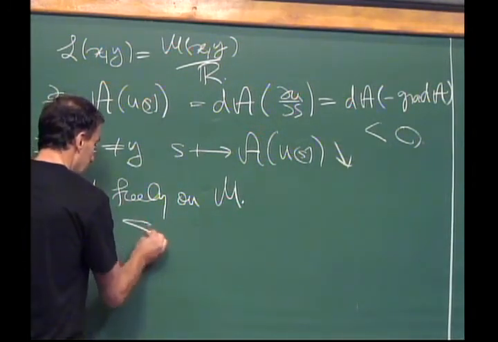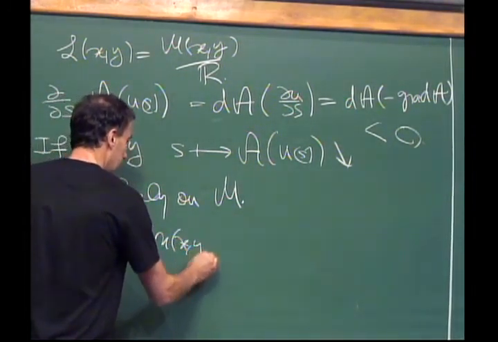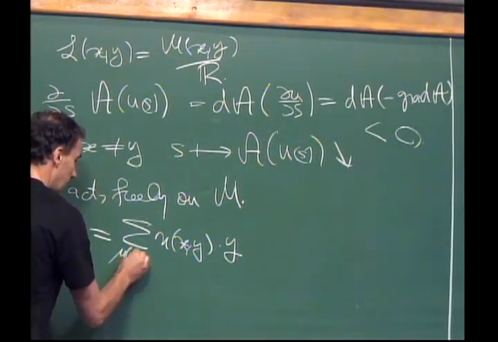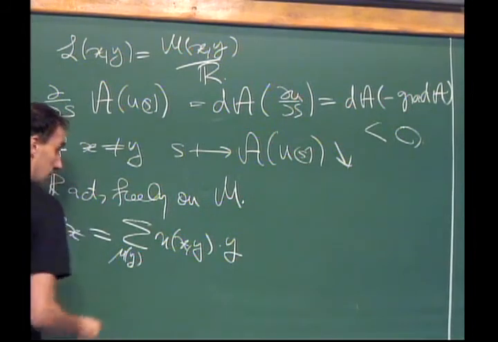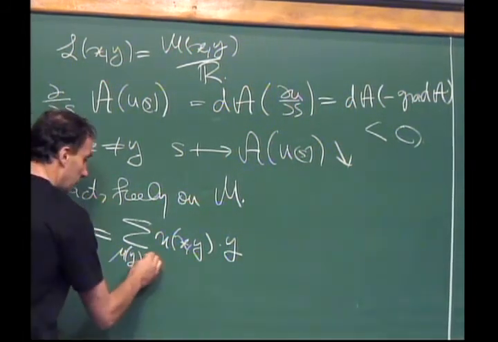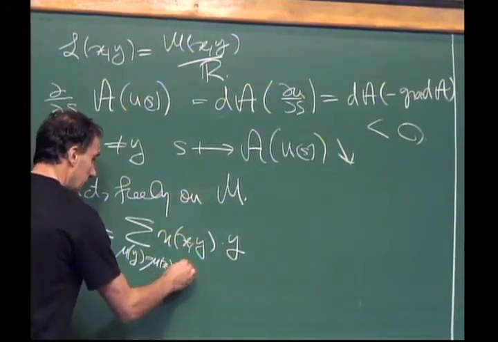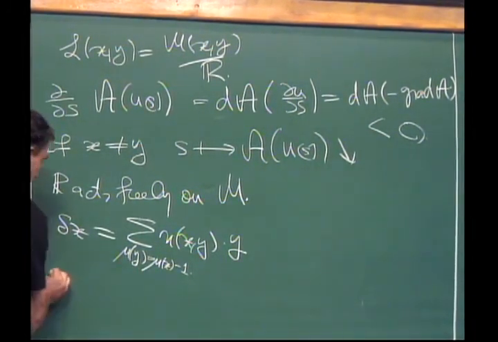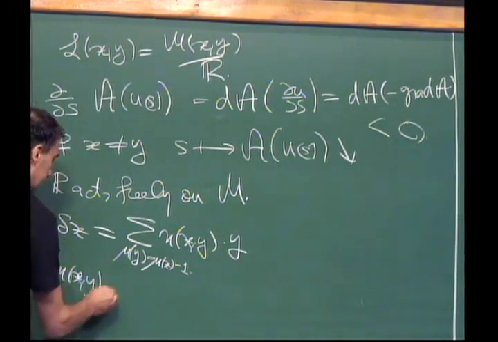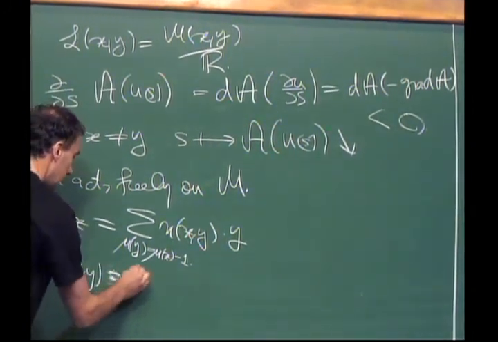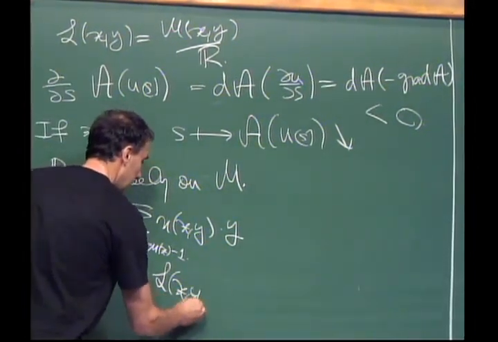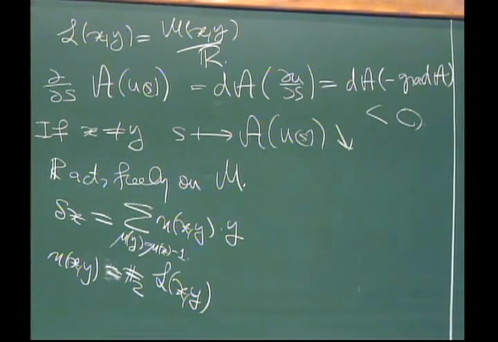You just take the sum of n_XY times y, where the sum goes through critical points of Maslov index one less than that of x, and n_XY is the number modulo 2 of this solution space L_XY. This is what one does in Morse theory.